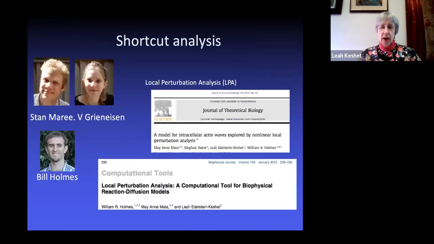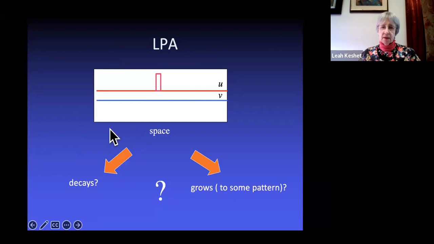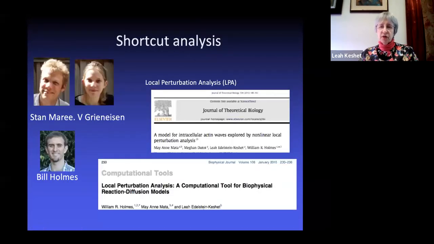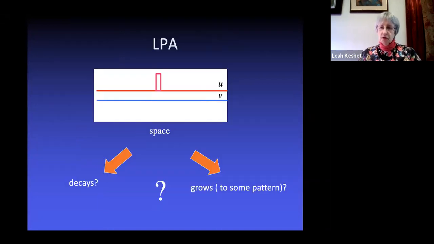All right, so I'll just briefly mention the fact that when we deal with these models, we like to have some shortcut mathematical analysis methods. One of these, which was called the local perturbation analysis, is something you may want to check up if you want.